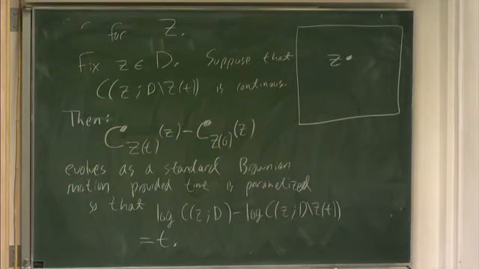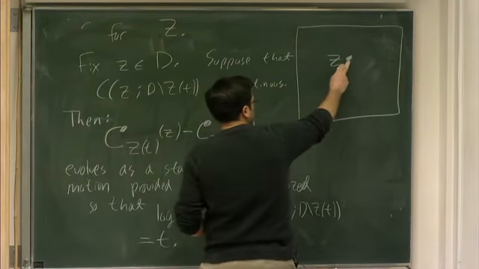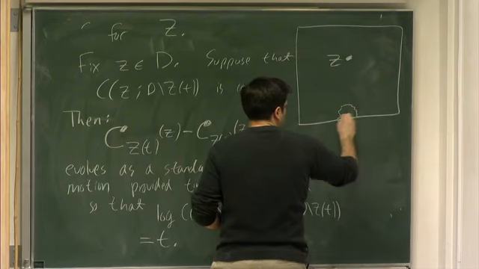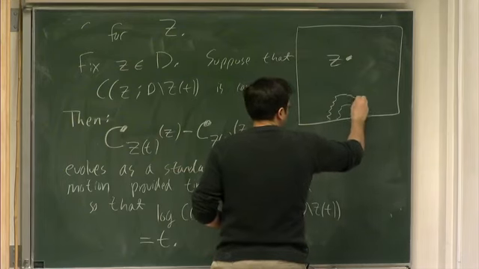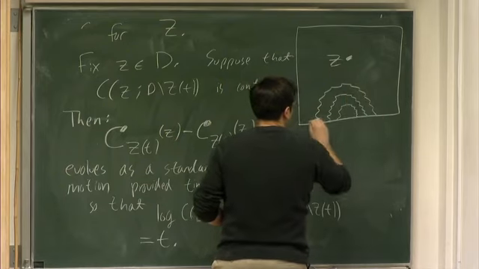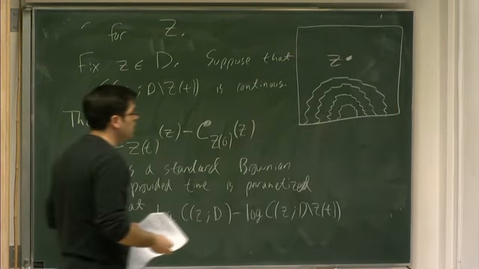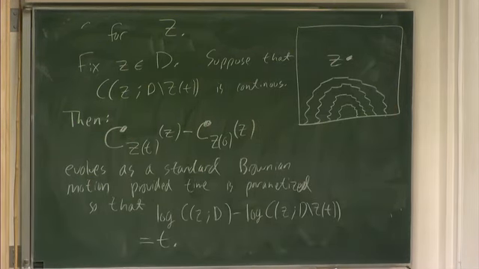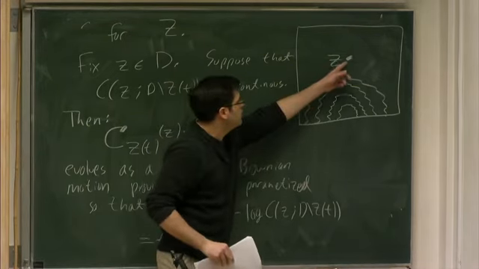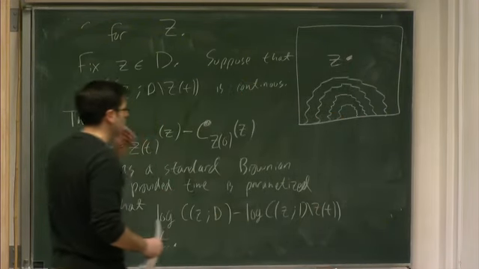Then what the statement says is that if you start growing some local sets towards z, so you're sort of exploring your Gaussian free field, and you're conditioning on sets which are getting bigger and bigger. These are the Z's. Then if you parameterize time appropriately, it's always going to be true that the conditional expectation of the Gaussian free field here is going to evolve like a Brownian motion.